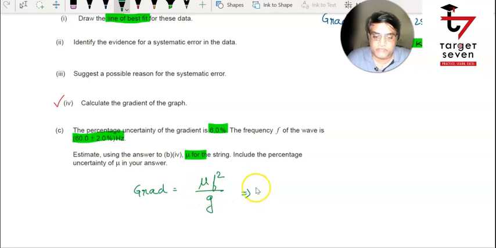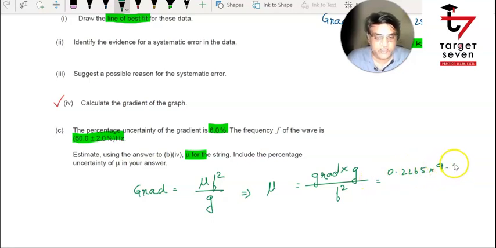From this, if I make mu as my subject, mu is equal to gradient times g upon f square. All right, so gradient value is 0.2265. The value of g, we have been advised to consider the value of g as 9.8, divided by 60, so that will be 60 squared.